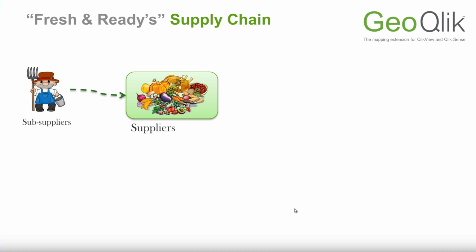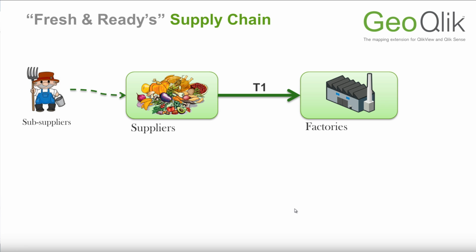The suppliers then deliver the raw material to factories that can take a couple of days, marked in T1. The factories then need some time to prepare the products. Again, could be a couple of days, marked with T2.